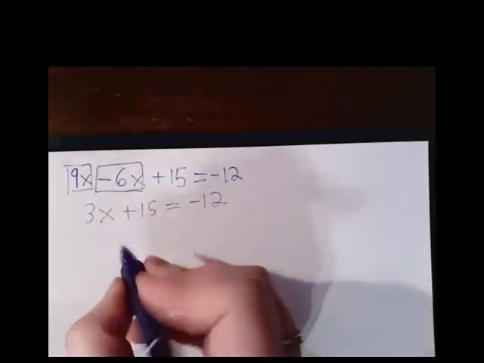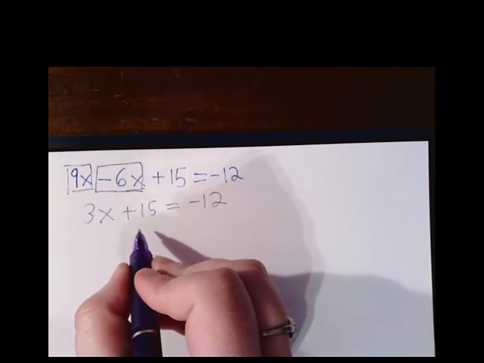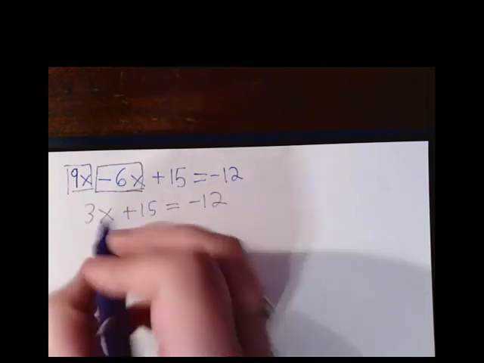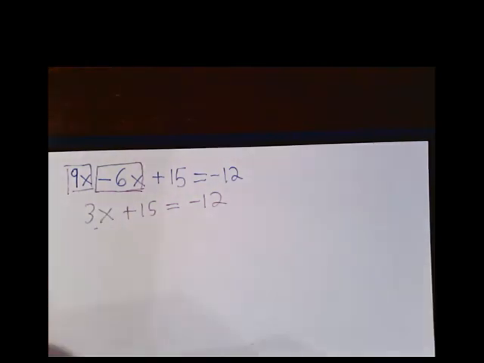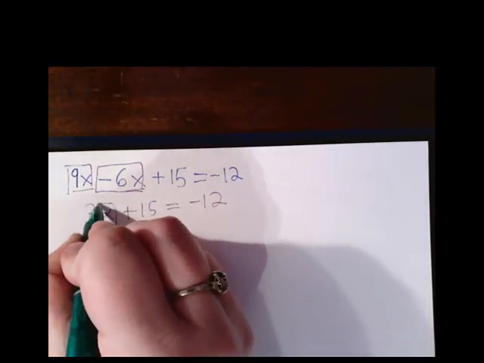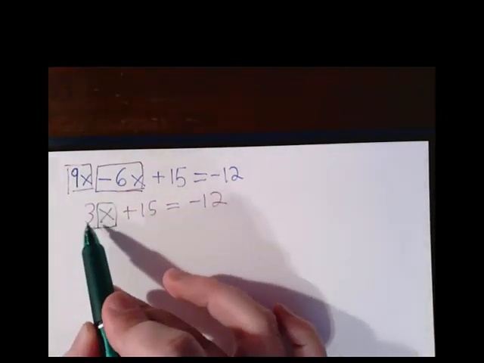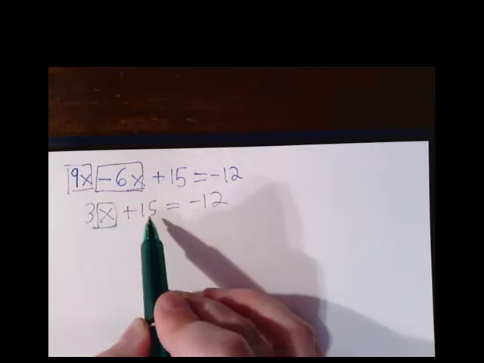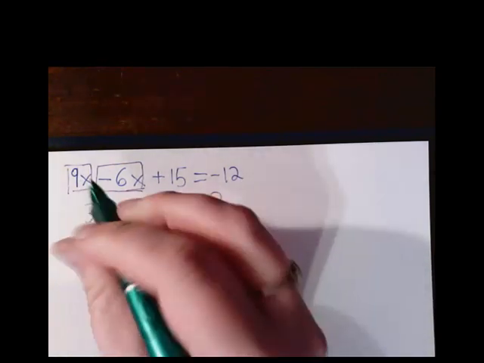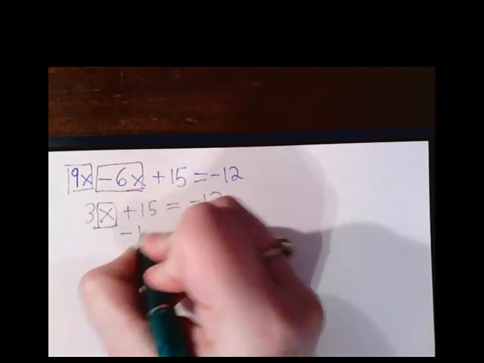All right, so now I can use my inverse operations and get x by itself. Okay, I want to get x by itself. Now, I've got the 3 next to the x, and I've got 15. Okay, I am going to undo the 15 first and use its inverse operation, which would be minus 15.